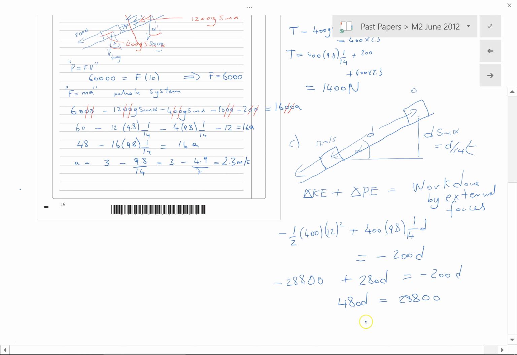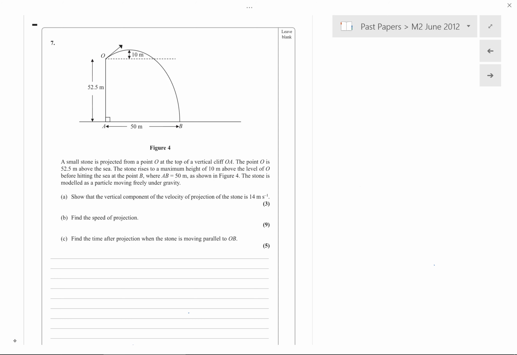That gives me a distance of 60 meters. Okay, so that's our work energy equation done. Fairly standard, really, not at this stage in the paper. We're not going to complain too much about that. Let's look what the last question has in store. Projectiles. It's normally a nice way to finish.